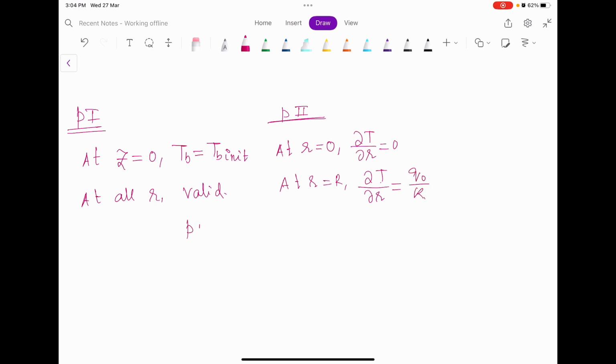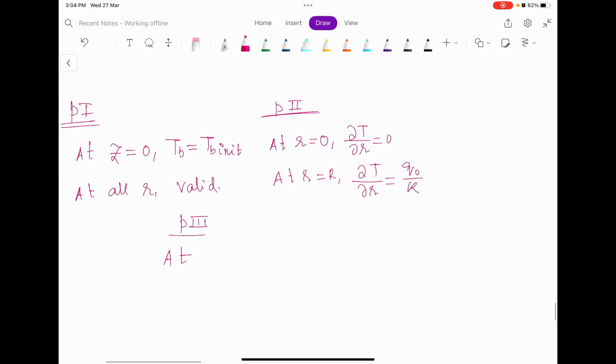And problem 3, that is my psi. So I have the boundary condition. Now my actual boundary conditions are what? For the actual problem, at r equal to 0, del t del r is equal to 0.